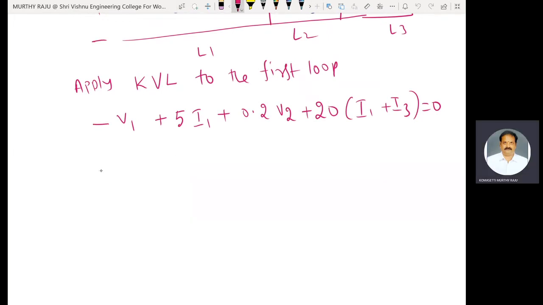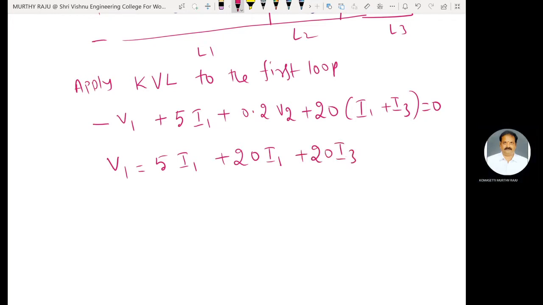That is equal to V1 is equal to 5 I1 plus 20 I1 plus 20 I3 plus 0.2 V2. This is the loop 1 equation.